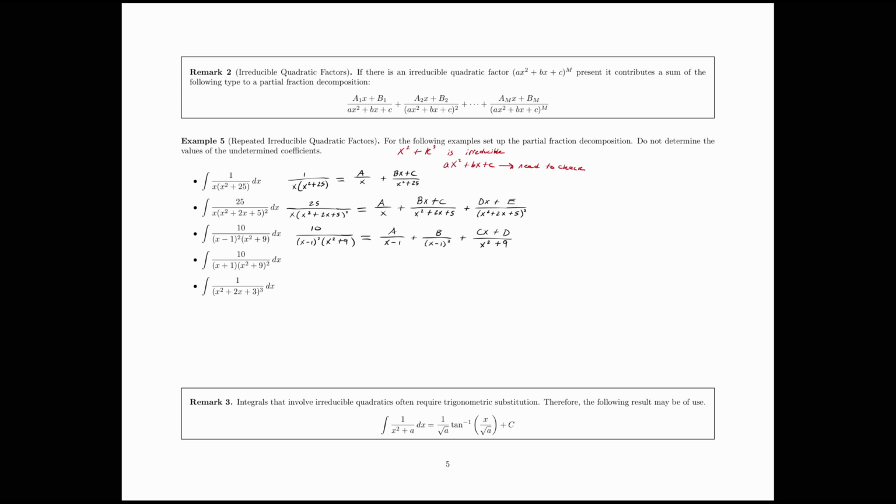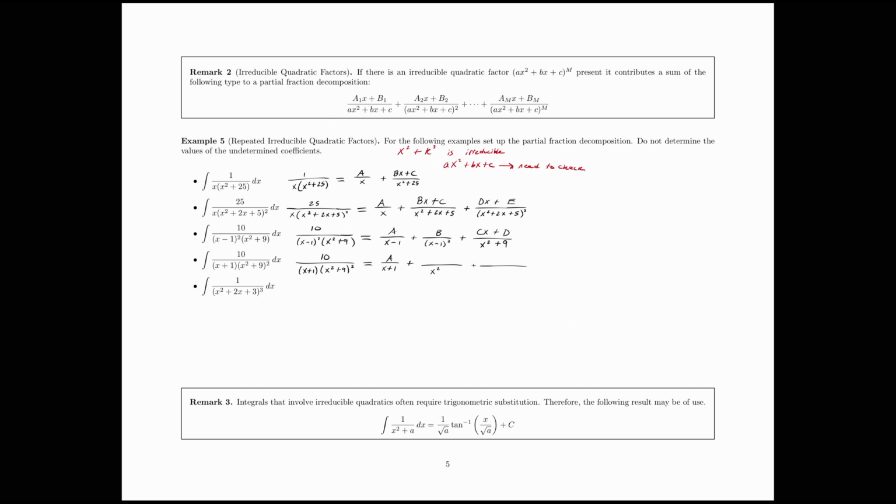Okay, very similar down here, except we now have our linear factor no longer repeated. So we're going to have an x plus 1, and now we've got a repeated irreducible quadratic. So the linear factor will just give us a contribution of a single term now, but the irreducible quadratic will give us a contribution of 2 terms.